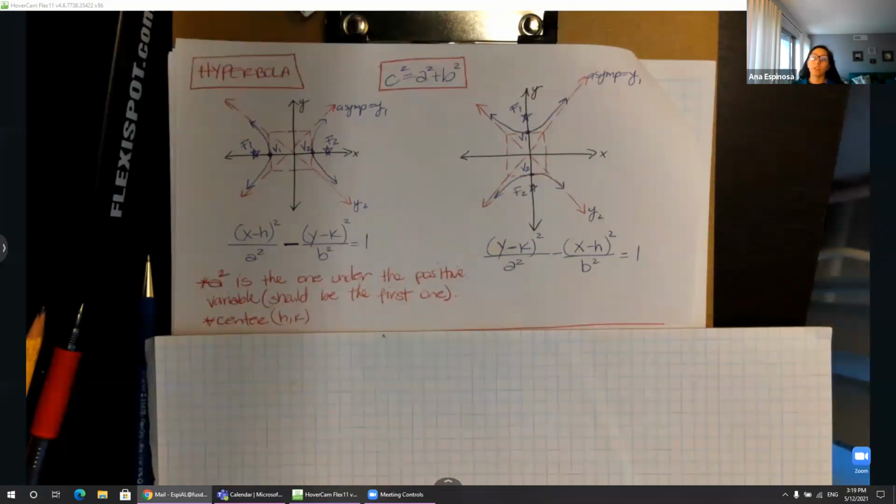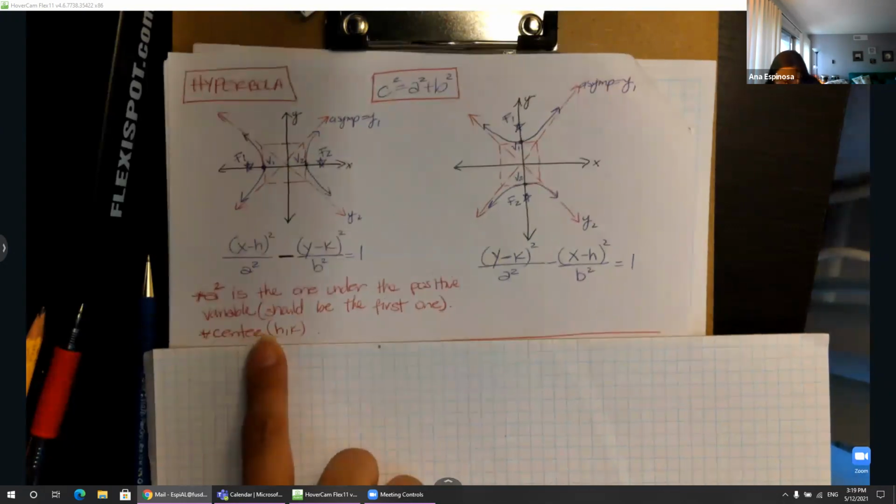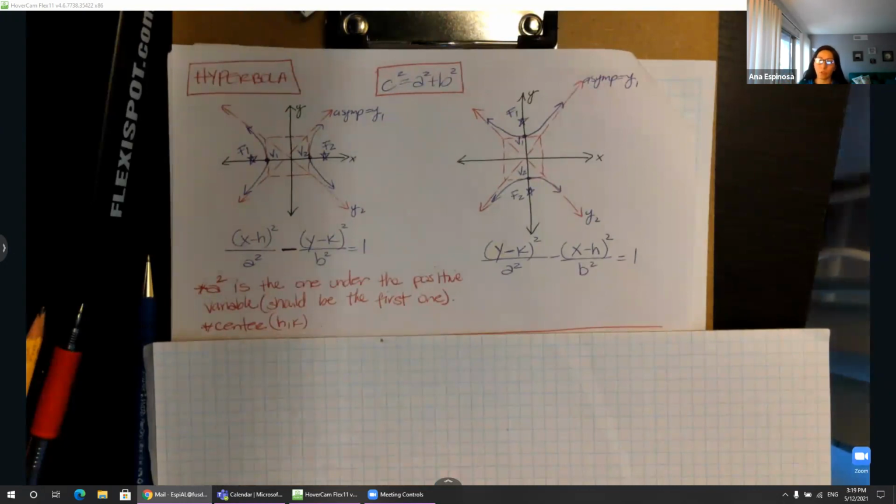And for purposes of this chapter, this class, the final exam, a squared will always be the first one in the hyperbola only. Let me say that again. A squared is the number underneath the positive variable, which will always be the first one in a hyperbola, not the ellipse. The ellipse is the largest one. Center, HK, that's all you need.